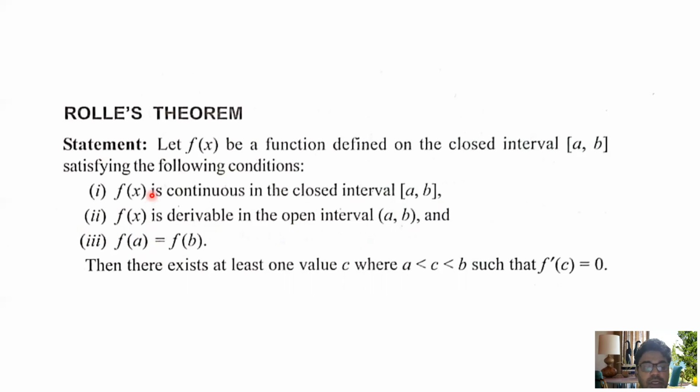If all these 3 conditions are satisfied by any function, then we can find at least one value of c, that is c belongs to (a, b), in between a and b, such that f'(c) is equal to 0. Okay, so this is the statement of Rolle's theorem.